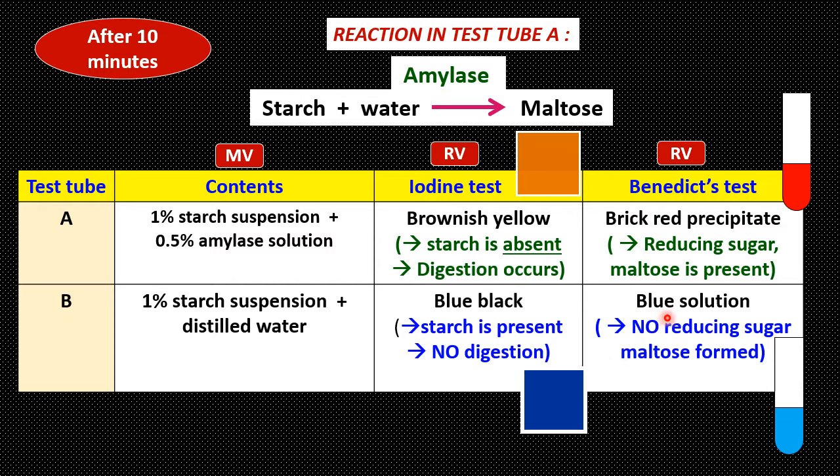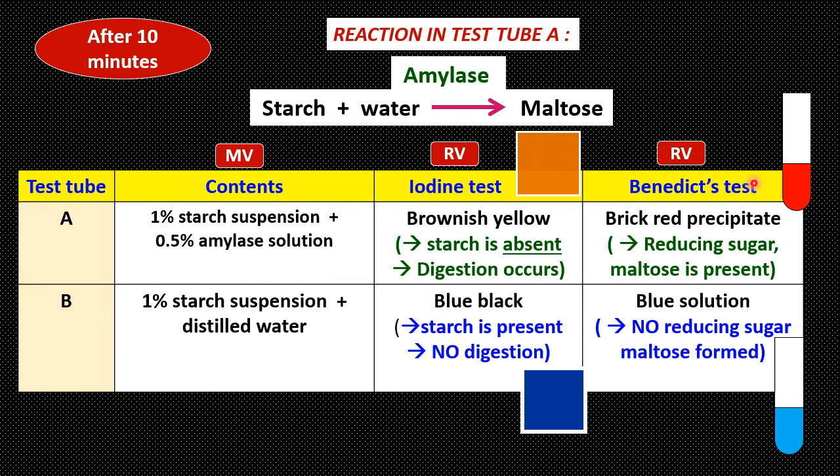Then when we do the Benedict's test on the second portion of the mixture from test tube B, we get a final result of a blue solution. This blue is the color of the Benedict's solution, so there was no change at all. There was no brick red precipitate formed, so no reducing sugar such as maltose was formed.